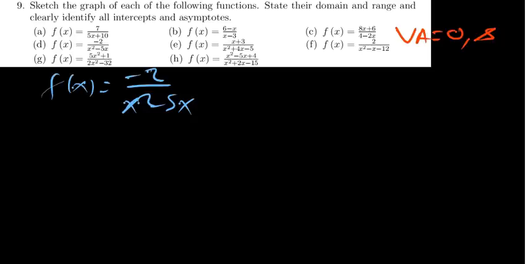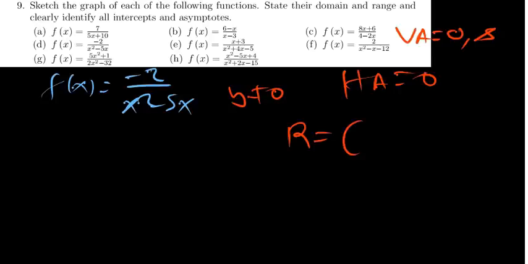If the function is bottom heavy, the horizontal asymptote is 0, meaning the range is y should not be equal to 0. So we are going to have negative infinity to 0, union 0 to positive infinity.